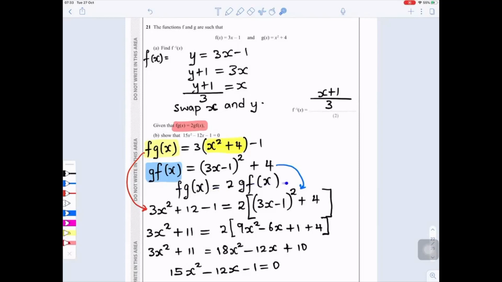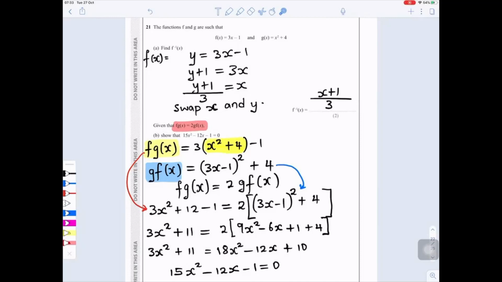We put it in that equation. So fg of x, 3x squared plus 12 minus 1, I've expanded it, is equal to gf of x. That's gf of x there. And there's the 2 in front, which is given in that equation.